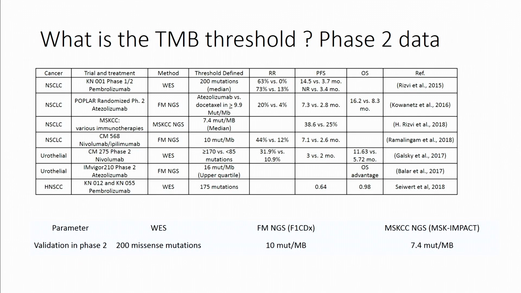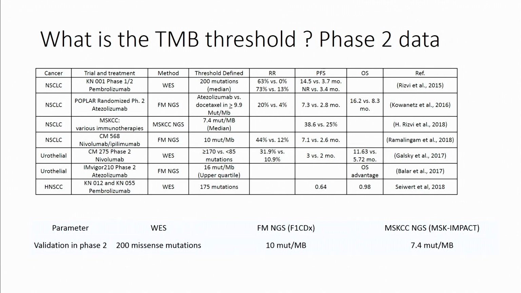When we think about the phase 2 data, remember you're thinking about just the difference in outcomes between the TMB high versus TMB low tumors. You're not comparing it to the standard of care. So you've got two ways of looking at this data, comparing high versus low, and then comparing the high versus whatever the standard of care is in that patient population.